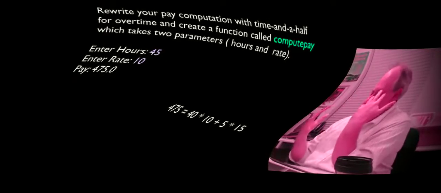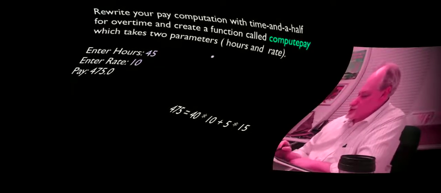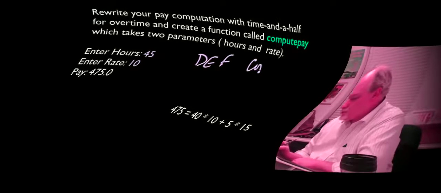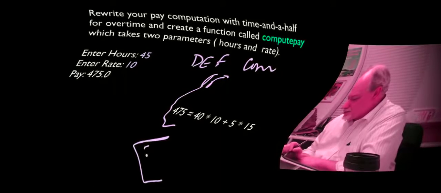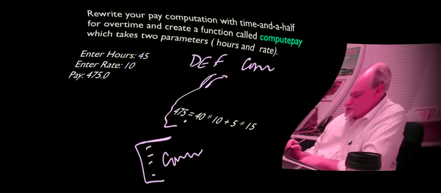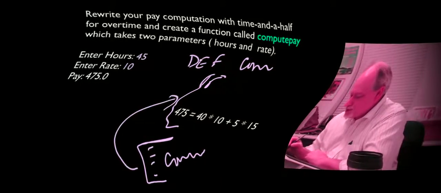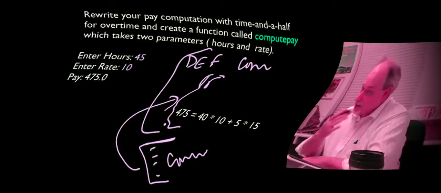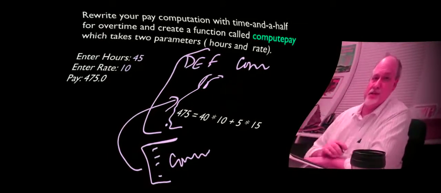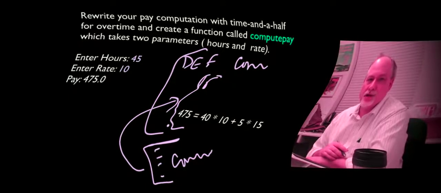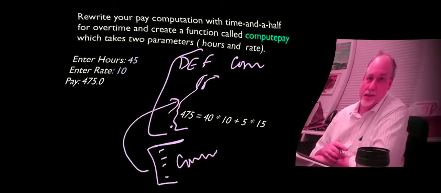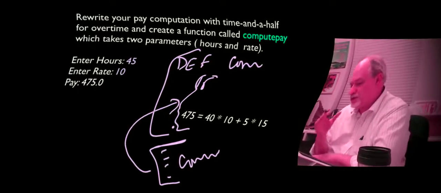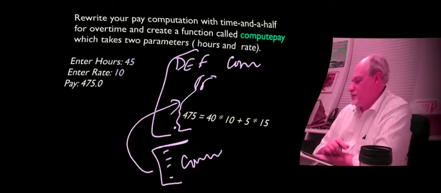But I just said, okay, take one of your previous assignments and refactor the code so that at the top there's a def computepay, and you put the if and whatever in here, and then later on you do your code and then you call computepay. So you took code that you already had, you move it up into a function and make a function. And I've also online got a sample of this because it's a little complex, and so you should be able to find it on Python Learn or on the course site. You should be able to find a good example because I really want you to get this.